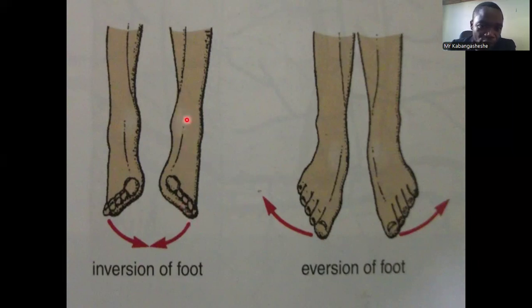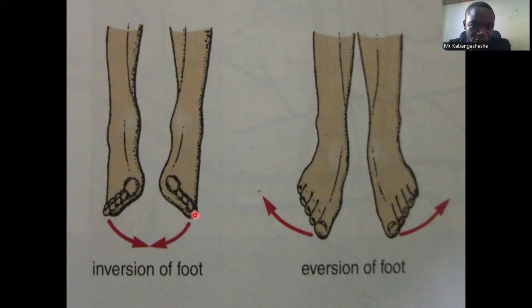So if you move the ankle joint in such a way that the toes face downwards, that is called plantar flexion, because there's movement at the joint there. More like you are stepping on some gears in the motor vehicle.